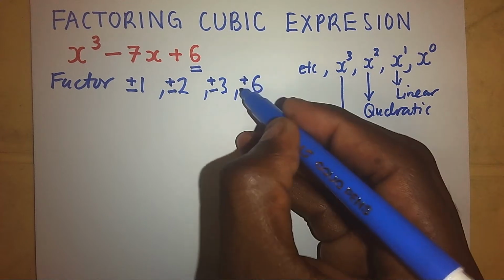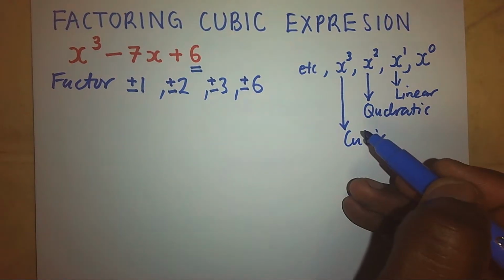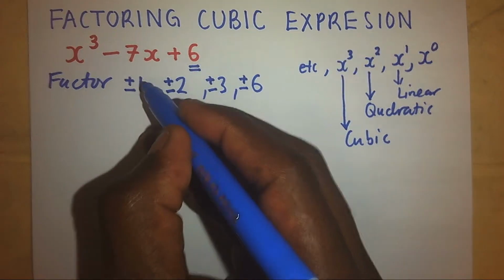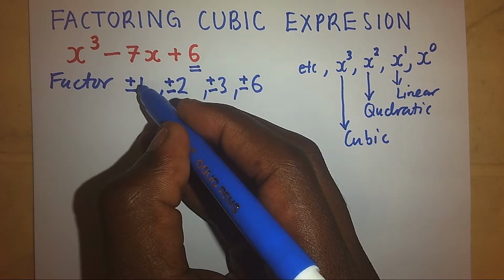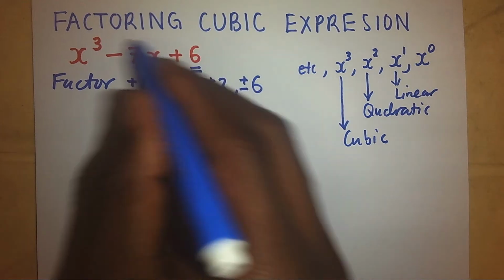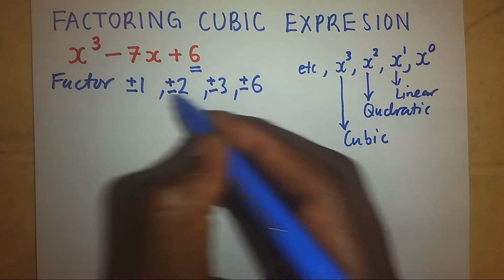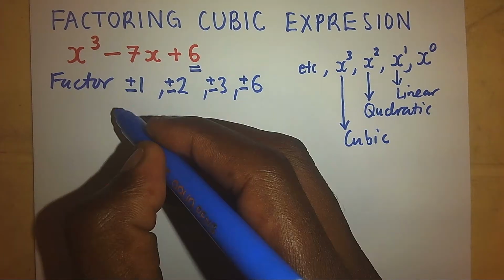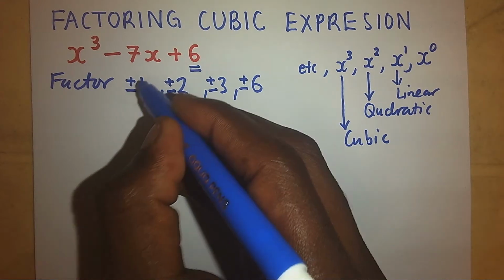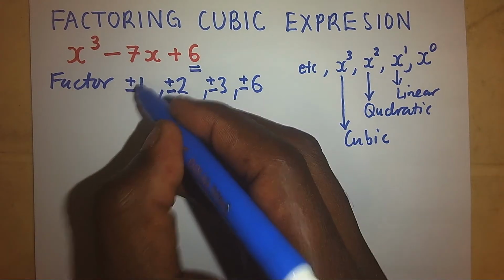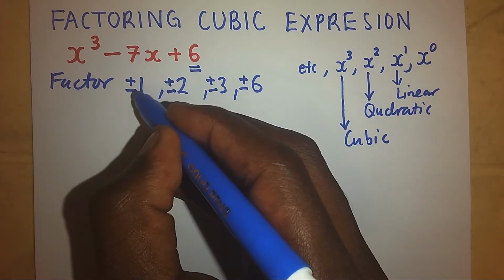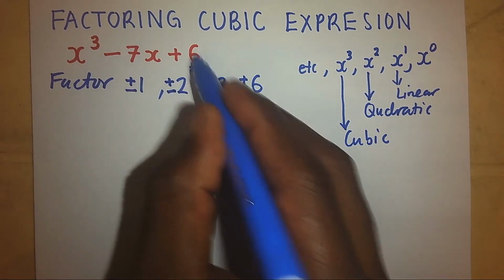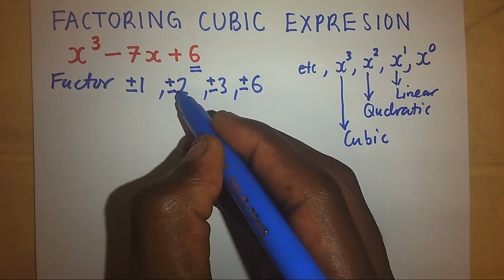But today, we shall only test the first one. If we get 0 in this expression, then we shall not continue and we shall change to dividing. But if we don't get 0, then we shall test negative x. And in case negative x does not give us 0, we shall go to positive 2 until we get 0.